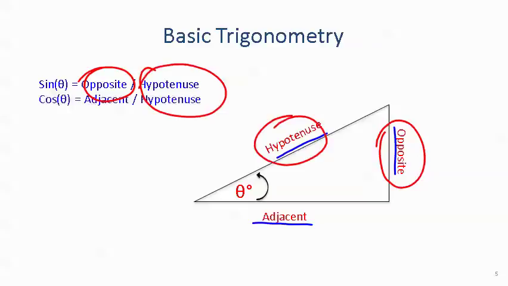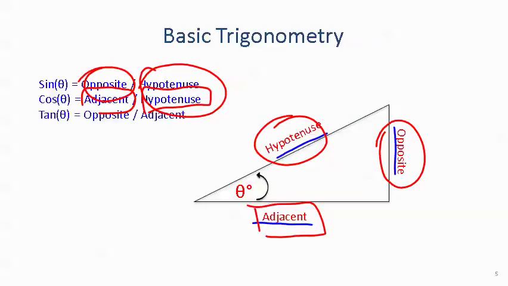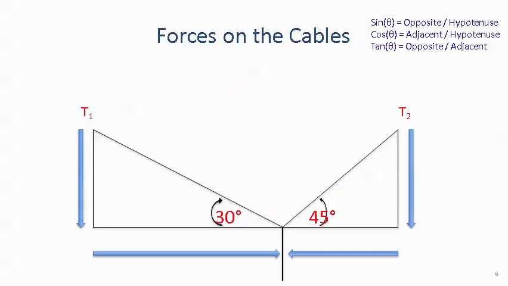Similarly, the cosine is the adjacent divided by the hypotenuse. And then the tangent is the opposite divided by the adjacent. The next question is, how is that going to assist us as we solve this problem?